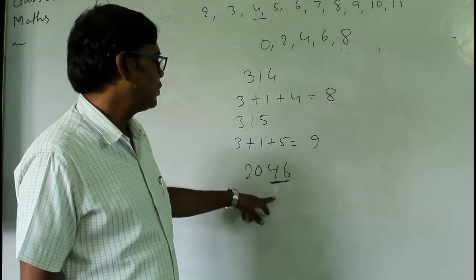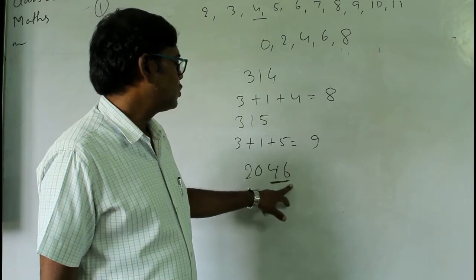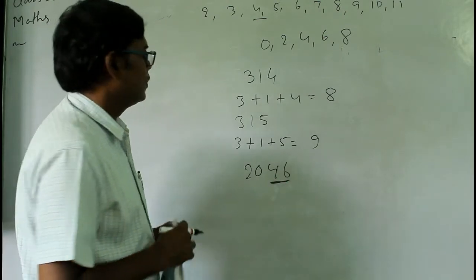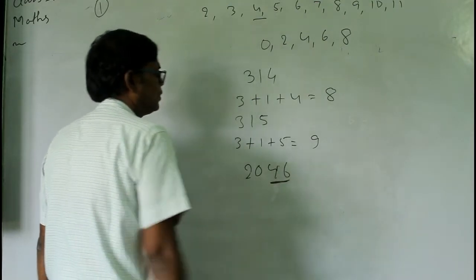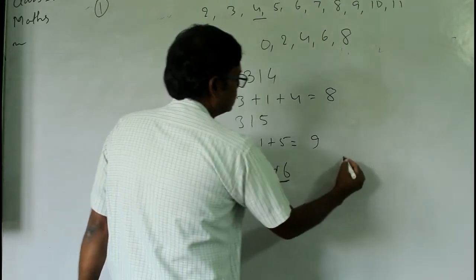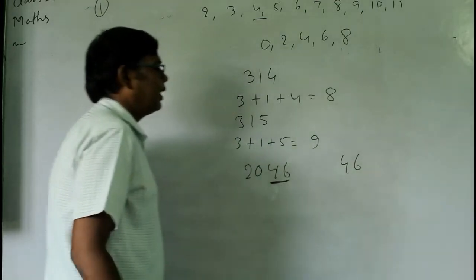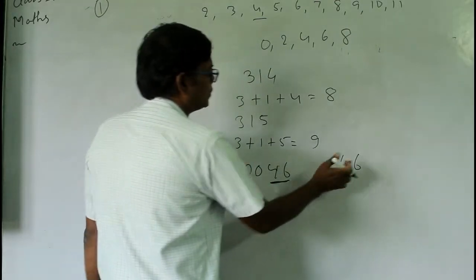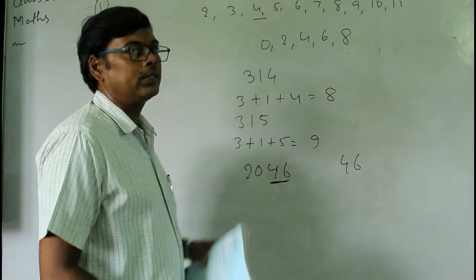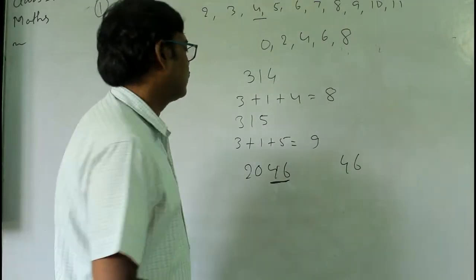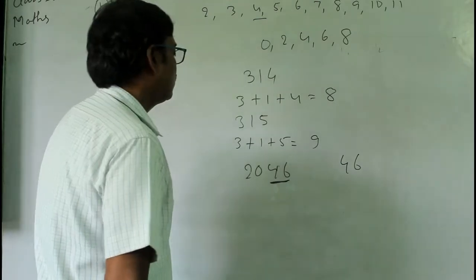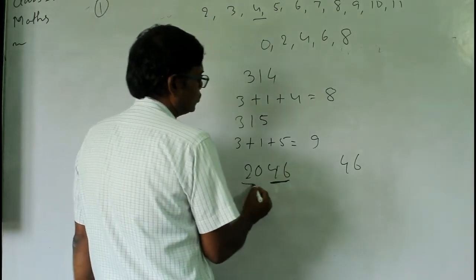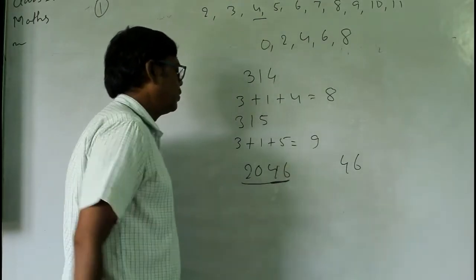At the ones place it is 6 and at the tens place it is 4. So the number is 46. Now we have to see whether 46 is divisible by 4 or not. This number 46 is not divisible by 4, therefore this number is also not divisible by 4.